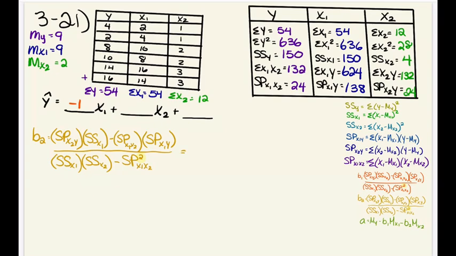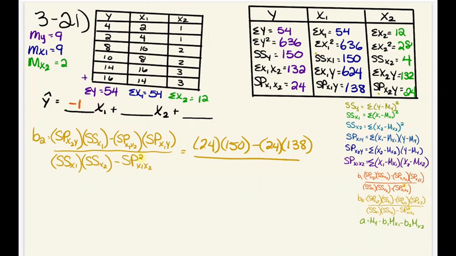To find the beta 2 value, we will take the sum of products of deviations for x2 and y and multiply it by the sum of squared deviations for x1. Then we'll subtract the sum of products of deviations for x1 and x2 multiplied by the sum of products of deviations for x1 and y.